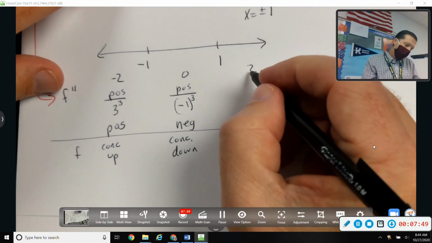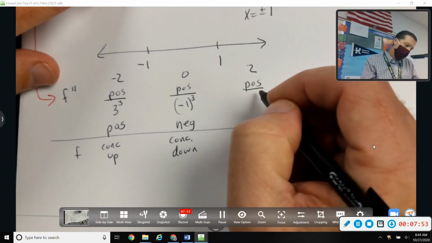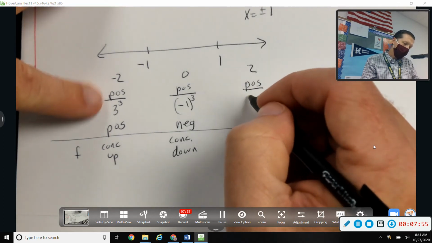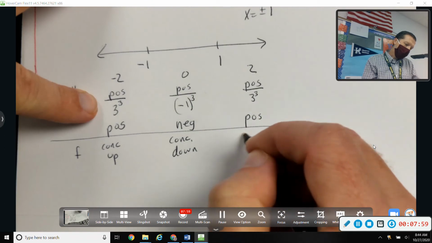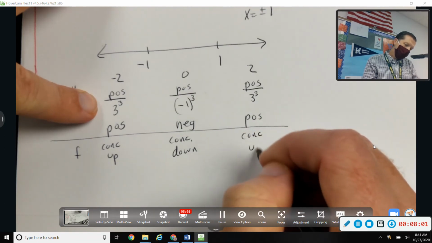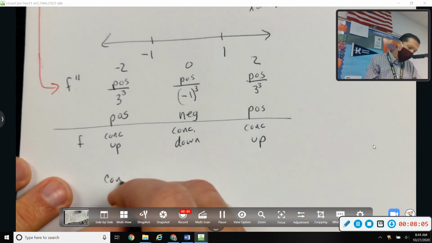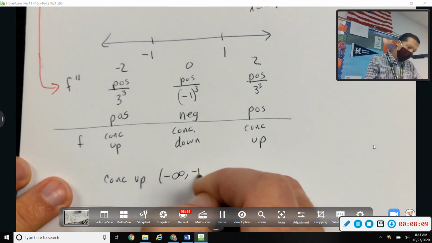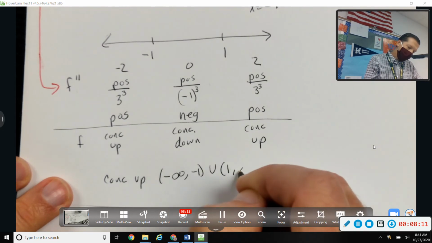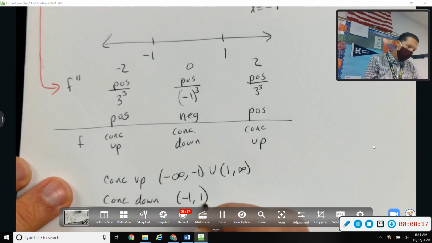And if I plug in 2, positive over, oh, this is the same thing as if I plugged in -2. 3 cubed, positive, so concave up. So I guess to fully answer the question, it's concave up from -infinity to -1, and 1 to infinity, and it's concave down between -1 and 1.